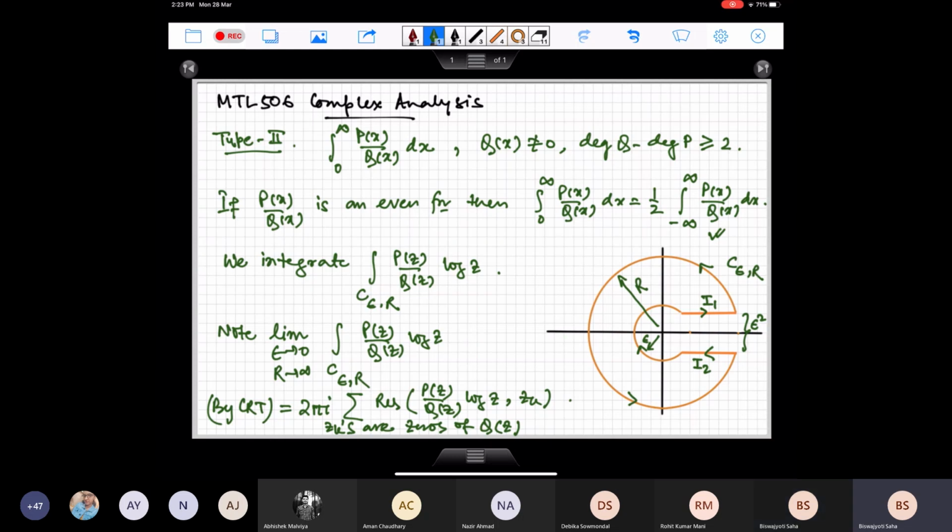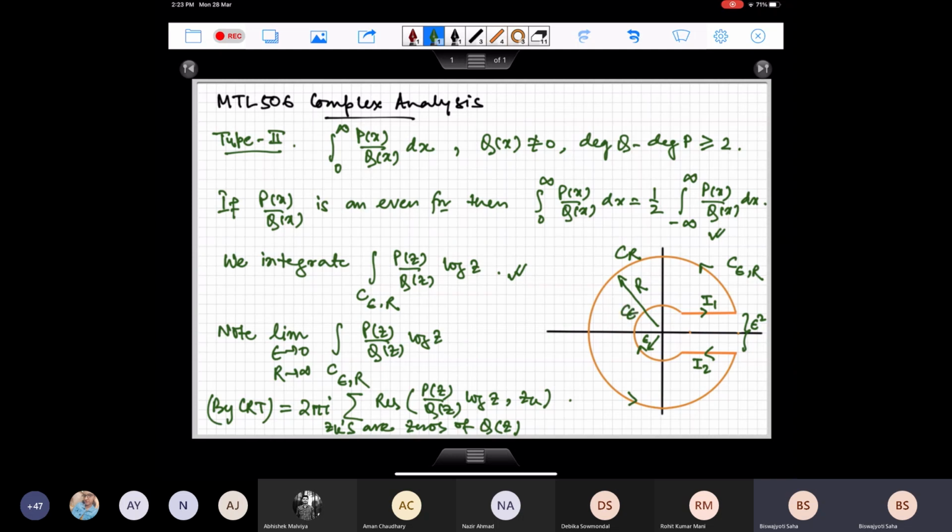So this is what we get by taking this integral. Now, of course, this integral over C epsilon r has several parts. There is a circular path of radius r, so let's call it CR. That is part of the integral.